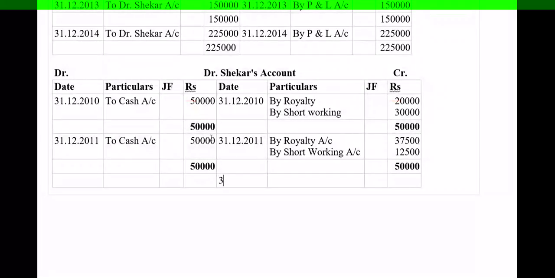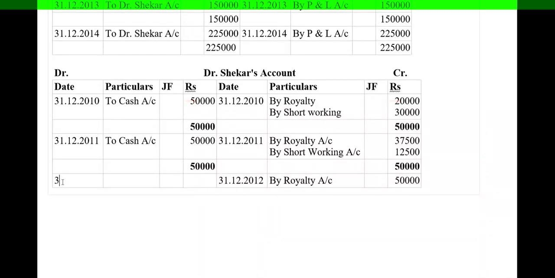Now let's go to the third year, that is on 31st/12/2012. When the royalty is payable, the entry will be royalty account debit to Shekhar's account. So Shekhar's account is credited by royalty account. So royalty payable in the third year is rupees 50,000.